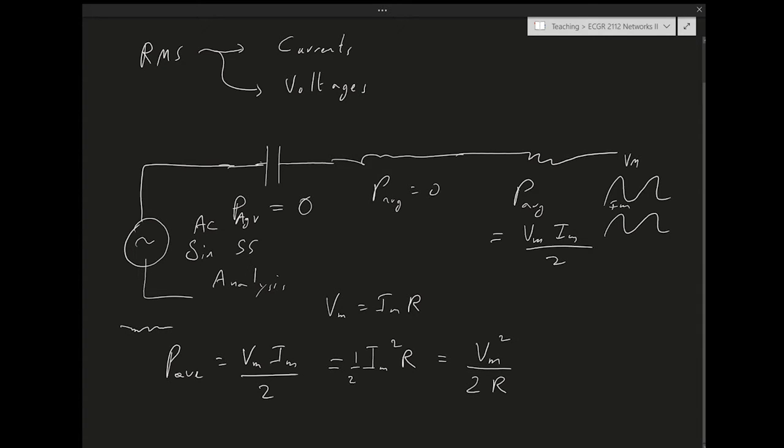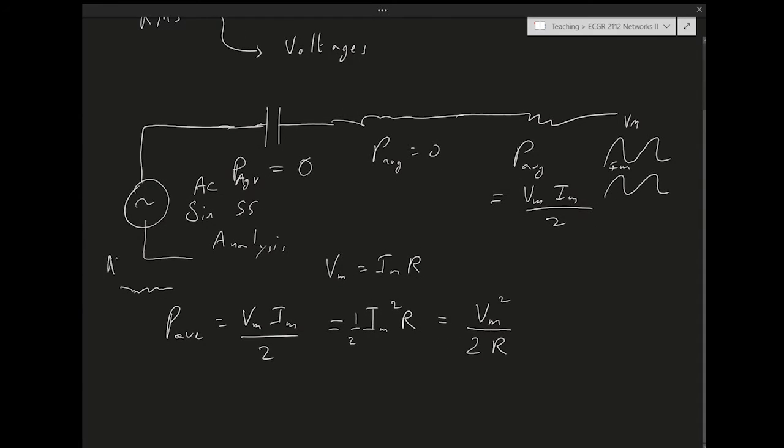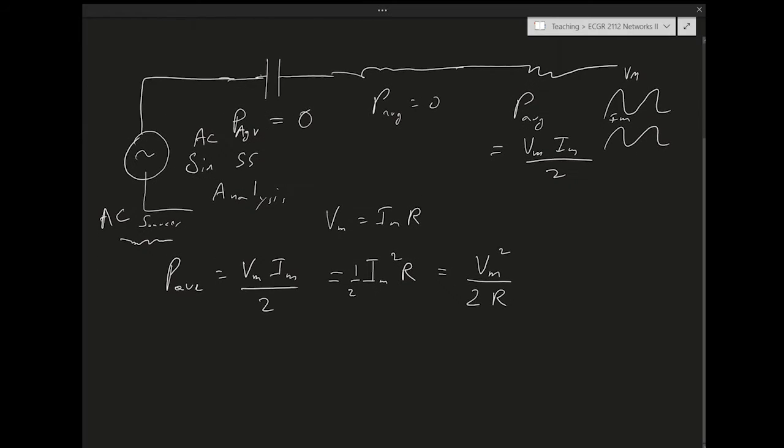Now notice that this is for AC analysis, for AC sources. This value for the average power differs from the case where we have DC sources. Assume a circuit at steady state, when everything is stable, where the sources themselves are DC, not sinusoidal.